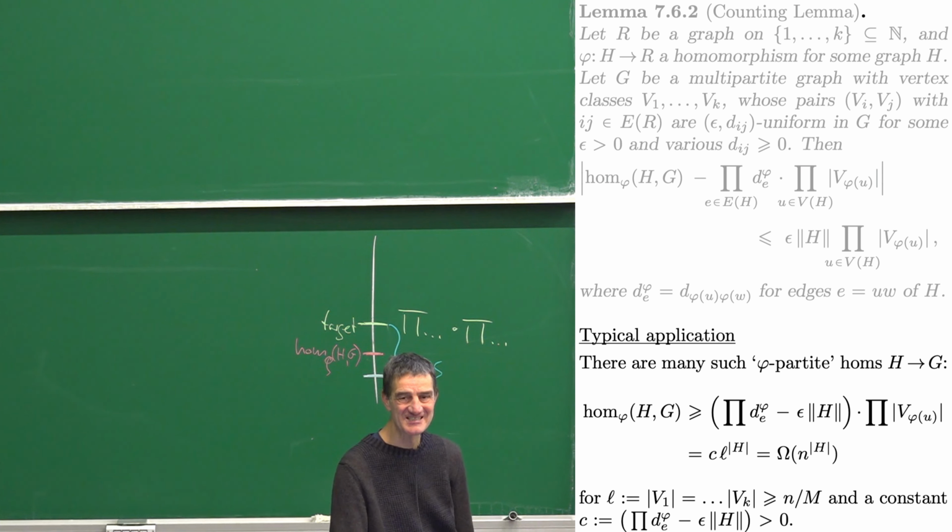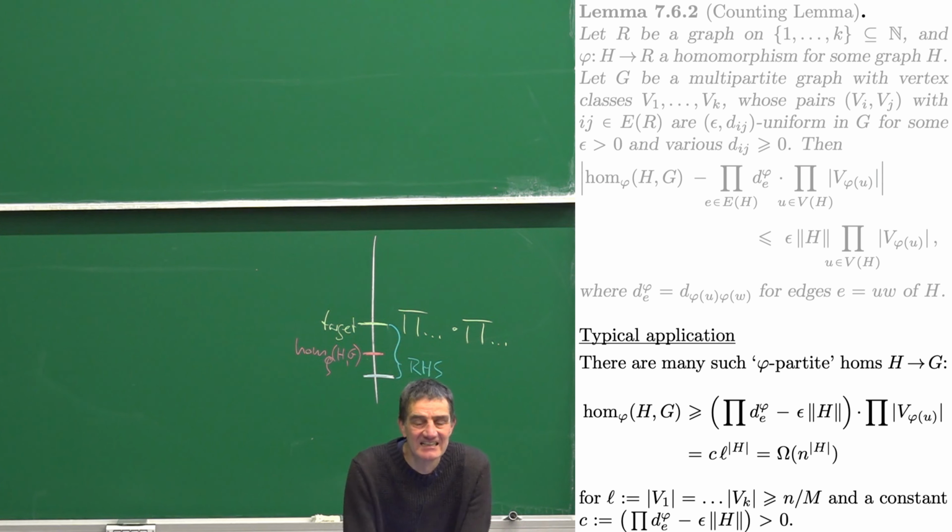So what's wrong? Yeah? I don't understand how your d_ij's are not dependent on G. Yes, I think you're getting to the point there. So we're assuming that G comes with an epsilon regular or epsilon uniform partition with these densities, d_ij.